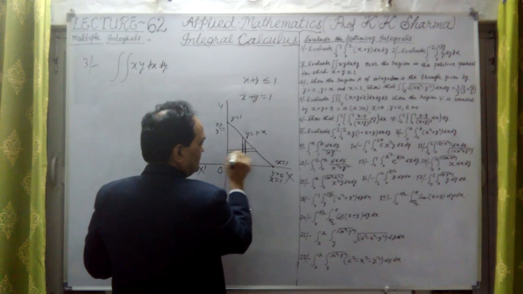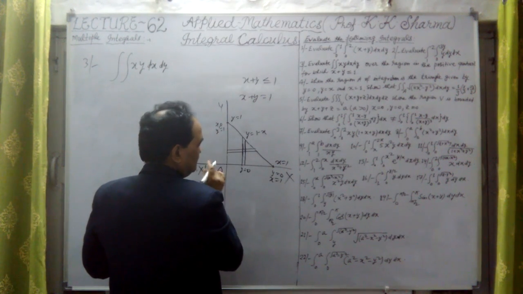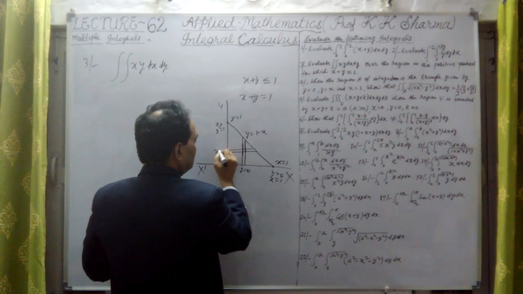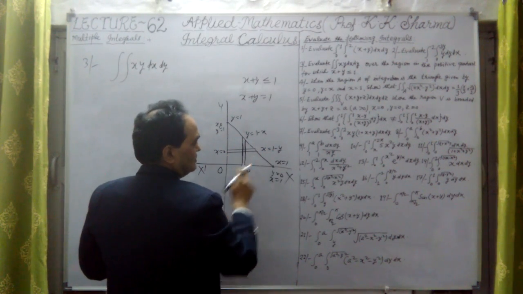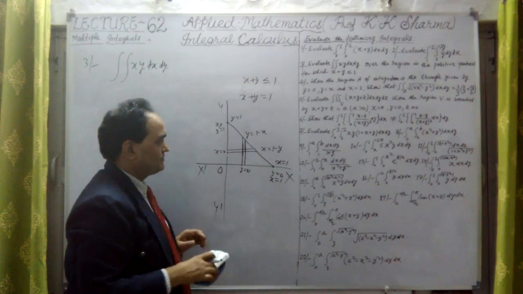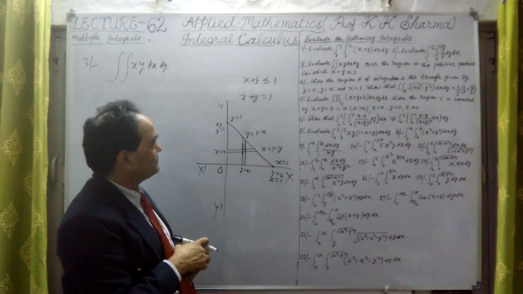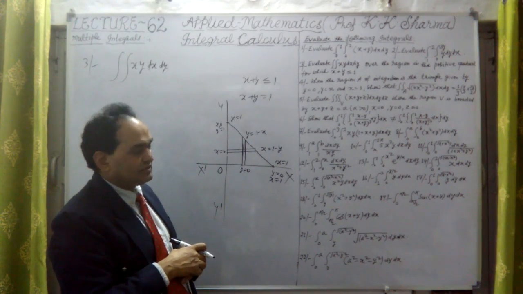And in this horizontal strip, we have x equal to 0 here, and here x equal to 1 minus y. Okay, so that is what we have taken.